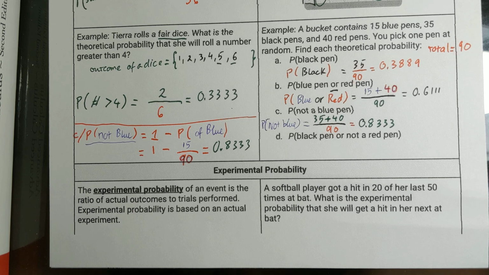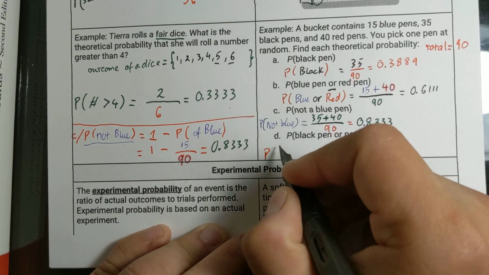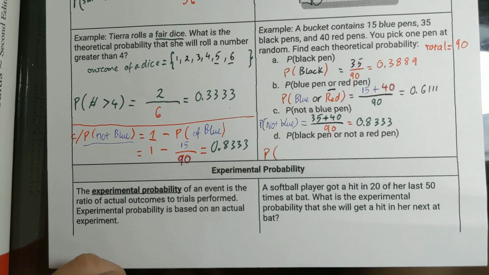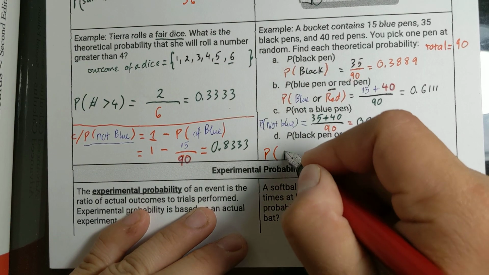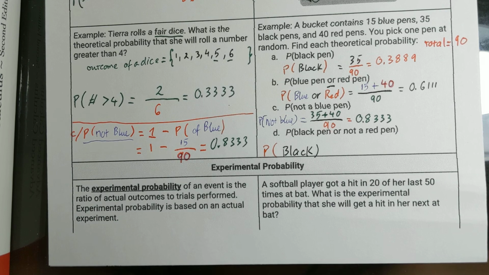So therefore, the probability of black or not a red pen is basically the probability of a black pen, because we don't have a pen that has that.